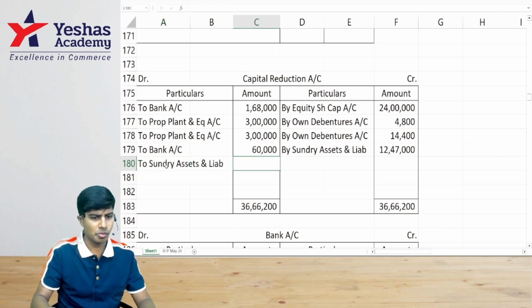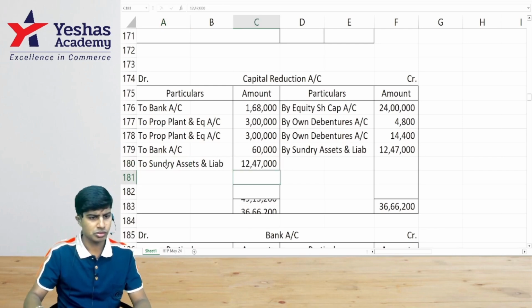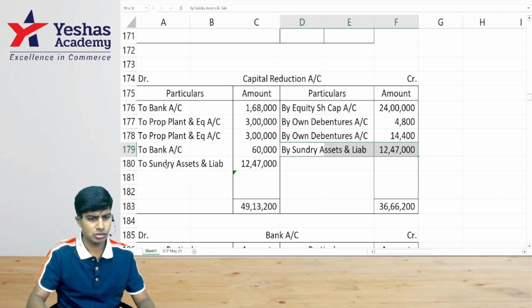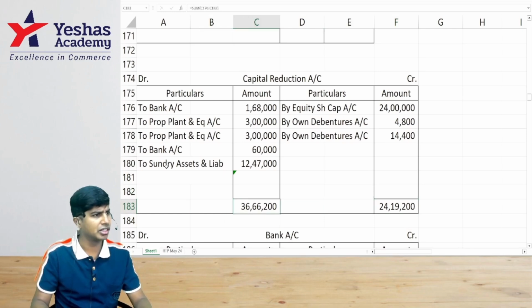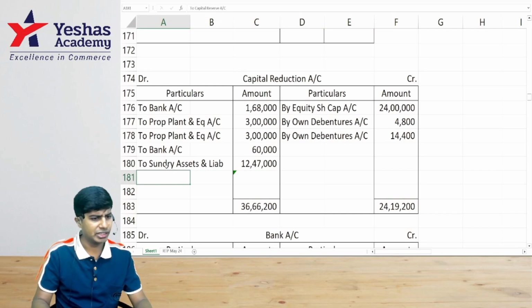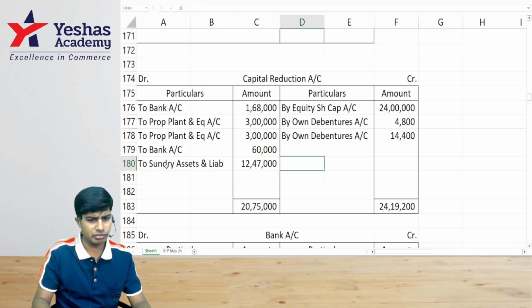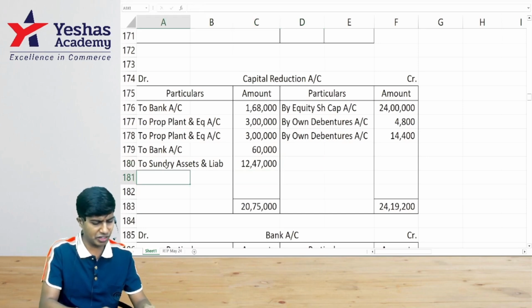How much is the amount? So can I say the total on the credit side is 24 lakh 19,200? Debit side is 36 lakh 66,200. Am I right? So that means actually we cannot write off so much. How much is capital reserve?